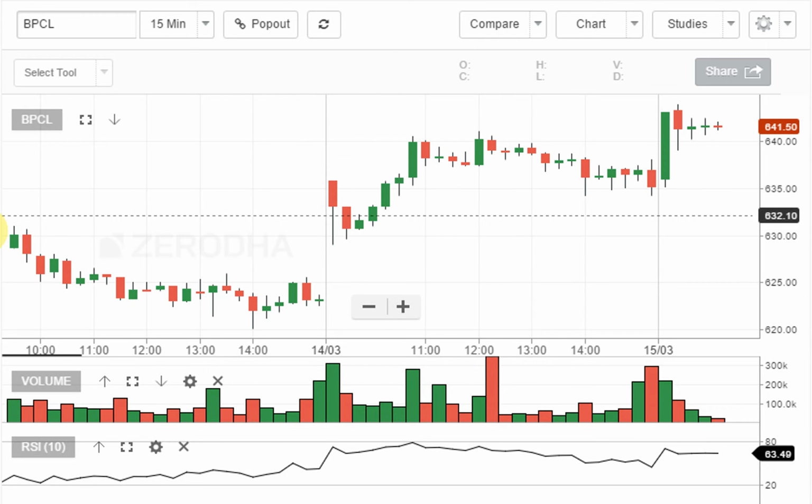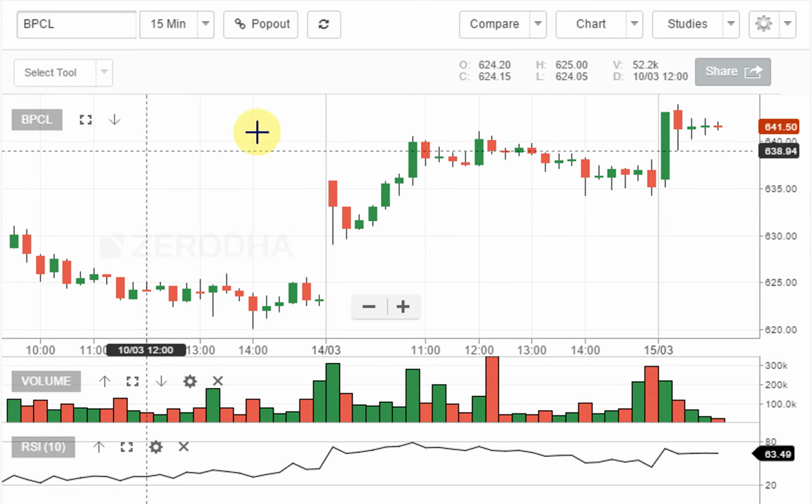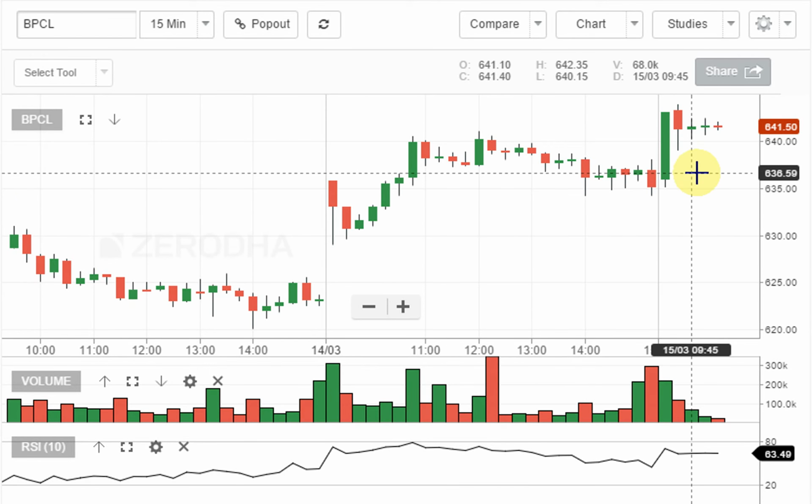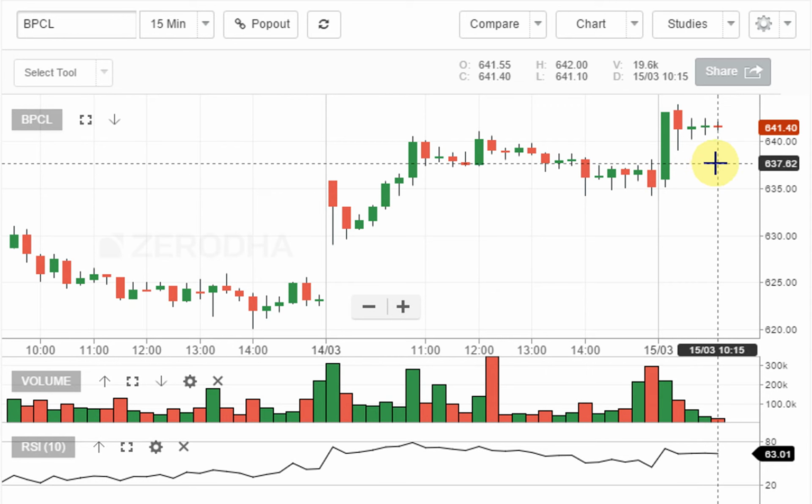And the third doji, the third candlestick also comes as a doji, but it is below that previous doji. So the sentiment of that particular stock goes into the negative side, because the sentiment of the traders can't be identified.